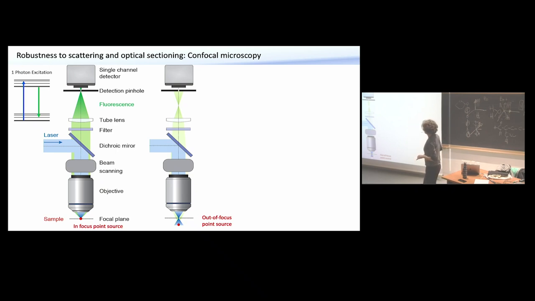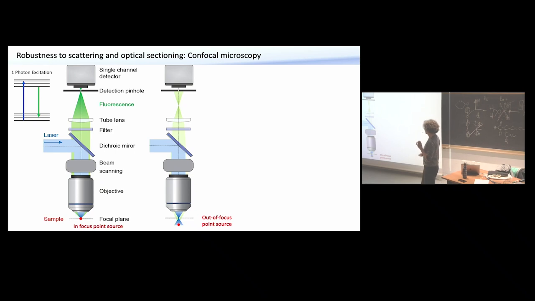Imagine you have a point source in your sample. Let's look at this point source here, which is out of focus. In confocal imaging, you focus a laser beam inside the sample, at the focal plane, but your out of focus point source is not going to be that much illuminated because the light will have diverged, and so the intensity that reaches your point source is small.